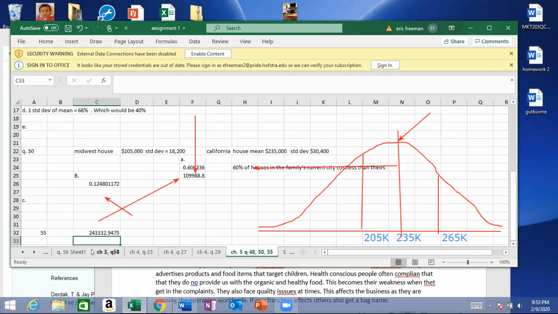It's basically saying the new city, and that lies right around here, doesn't it? The blue line. Yeah, slightly. That's the 61%. That's around 243,000. Wouldn't you agree?